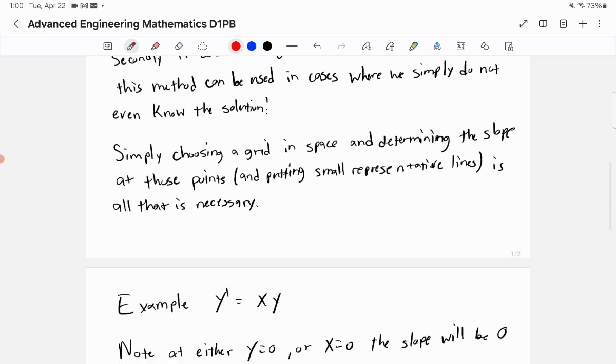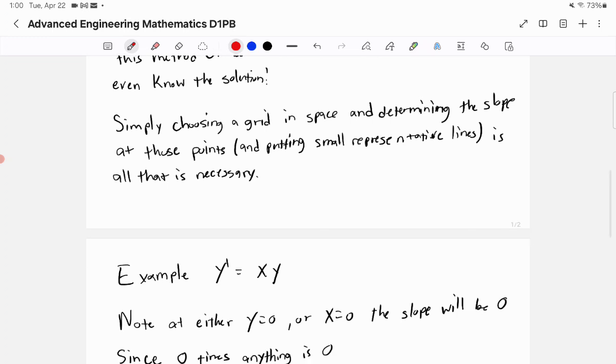So you can choose a grid in space, and at each point make little line segments that represent the slope at that point. Here's a simple example: y prime equal to x times y. If y prime is equal to x times y, then the slope, given on the right-hand side by x times y, will be the slope of the tangent line at that particular point.